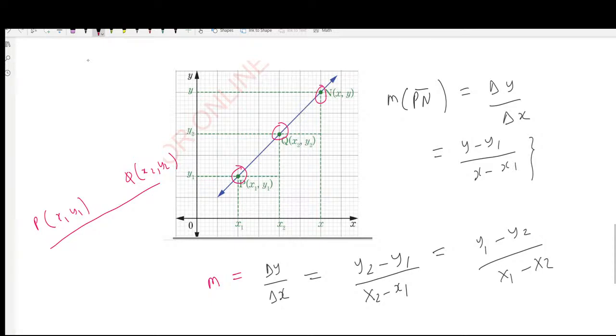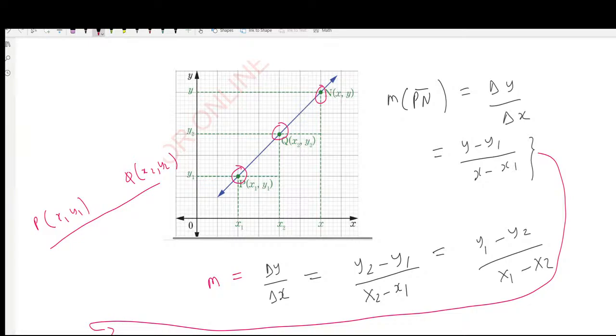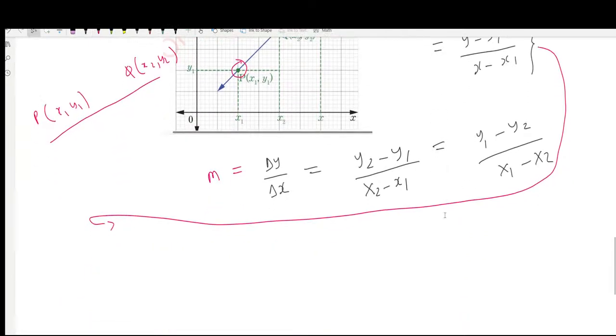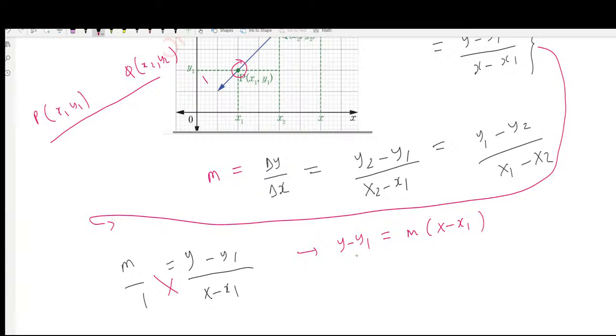To make y the subject, y minus y1 over x minus x1 being equal to m, you can just cross multiply, and you'll have y minus y1 equals m(x minus x1).